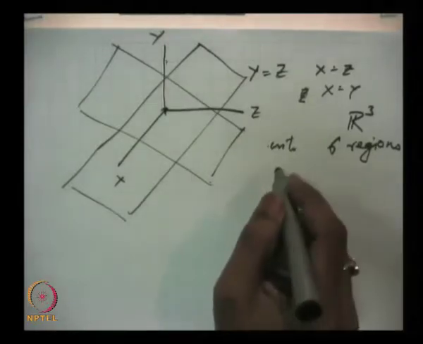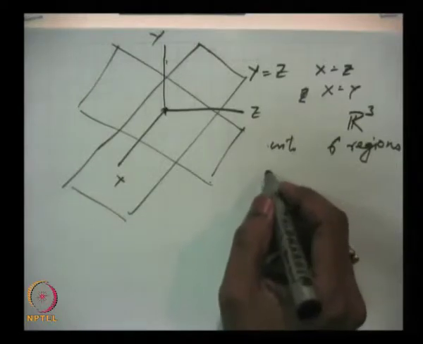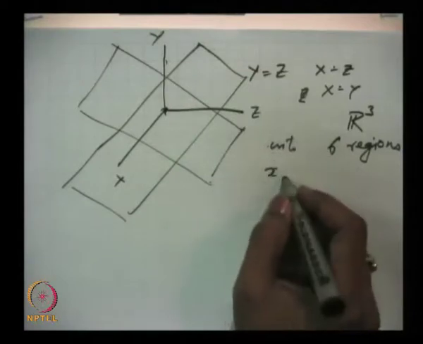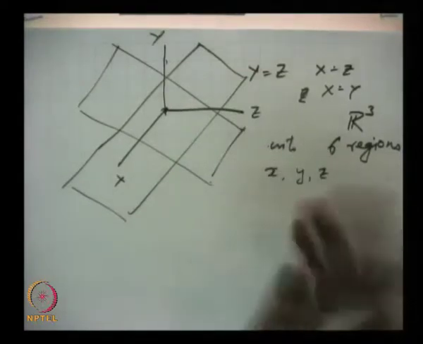And the other explanation is that in each of these 6 regions, you have one of these 3 inequalities, right. So, depending on the permutation of x, y, z, 3 elements can be permuted in 3 factorial, that is 6, ways.